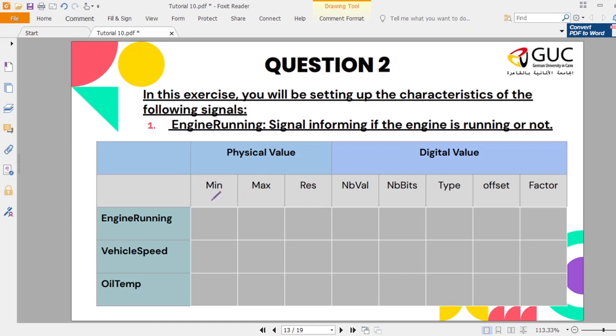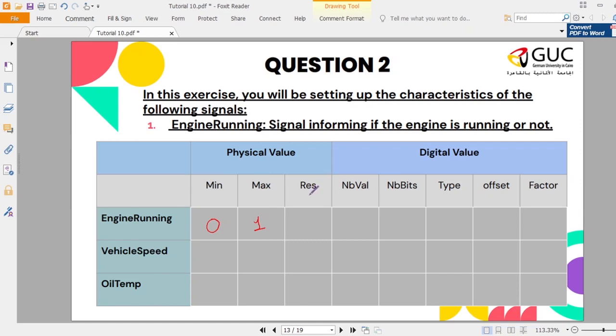The minimum value of the signal is 0, which corresponds to the engine not running. The maximum value is 1, it's running. It's either running or not.